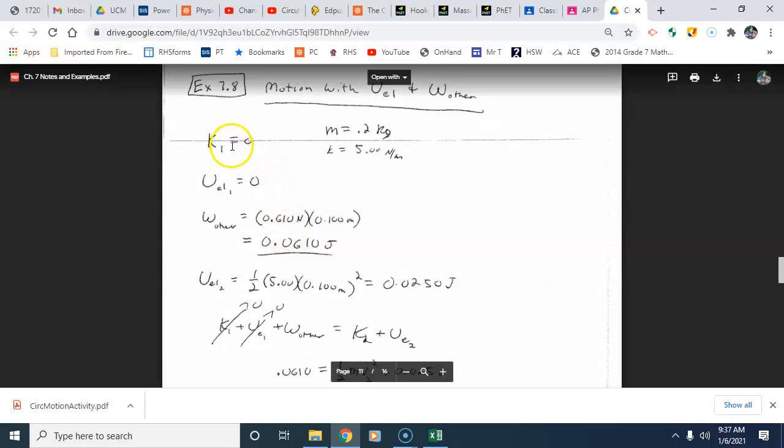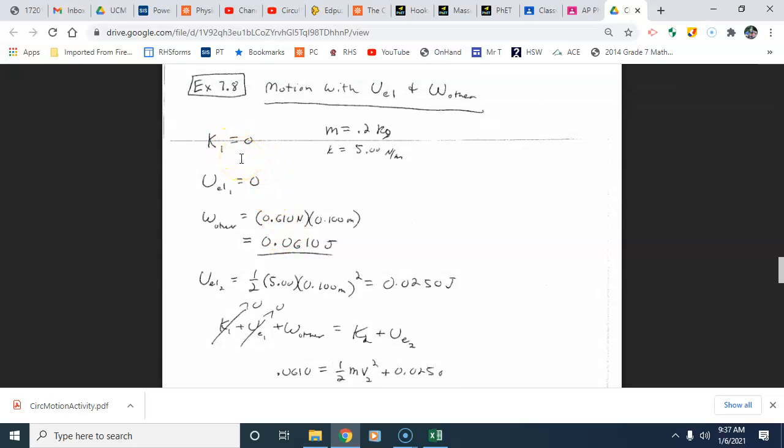So it had no kinetic energy to start initially, K1. Agreed? Elastically, if the spring was just sitting there, nothing touching it, it has no elastic potential energy, right?